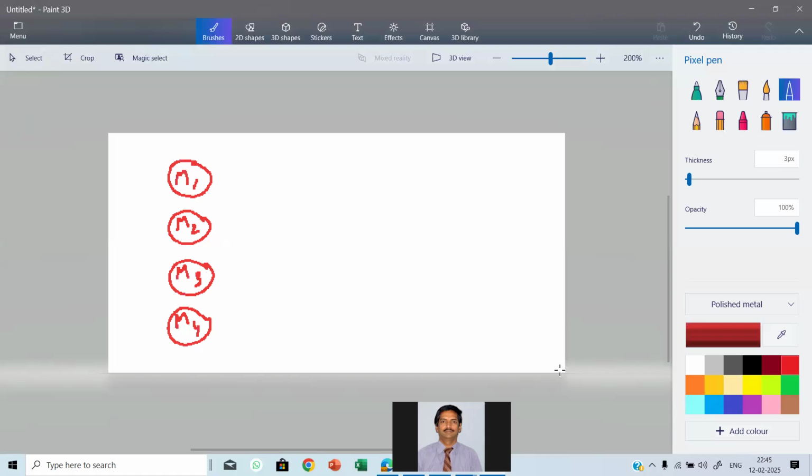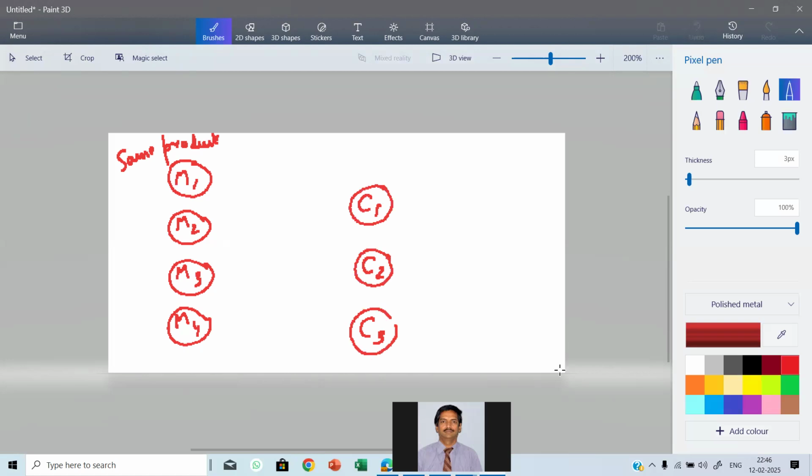Let us suppose that M1 is Chennai, M2 is Bangalore, M3 is Bombay, and M4 is our Surampalam, right? So in 4 locations, the same product is being manufactured, with the same quality, everything the same, right? Now, the customer locations I have are C1, C2, and C3, right?